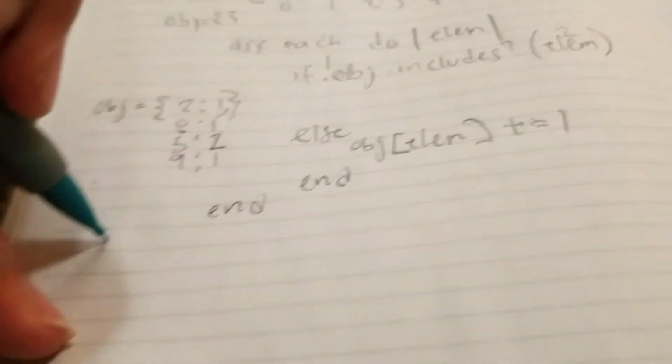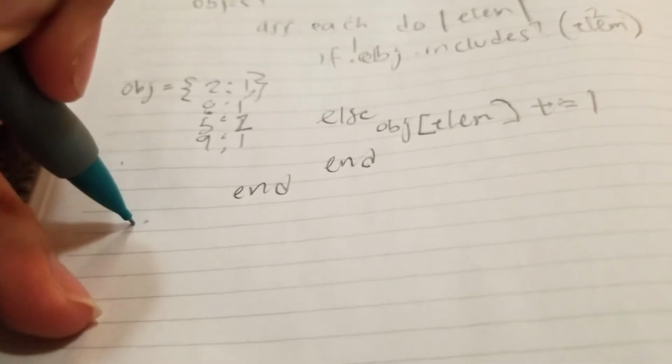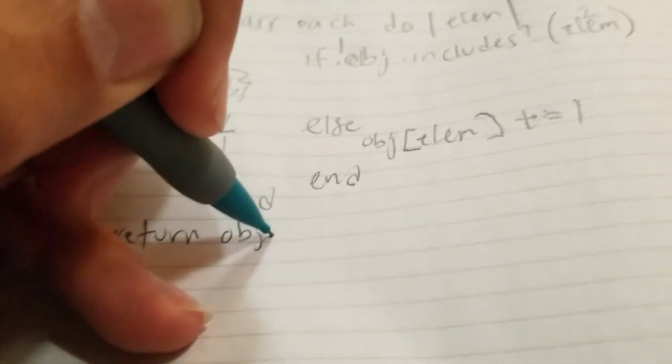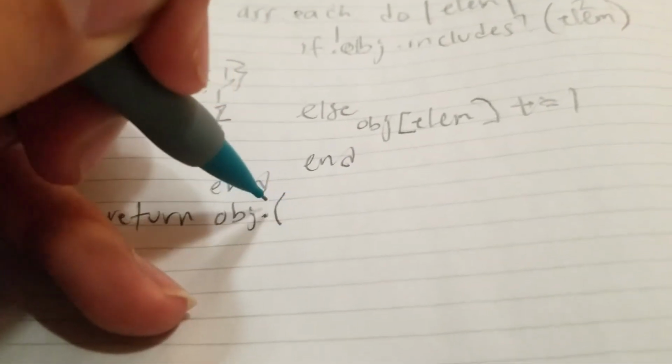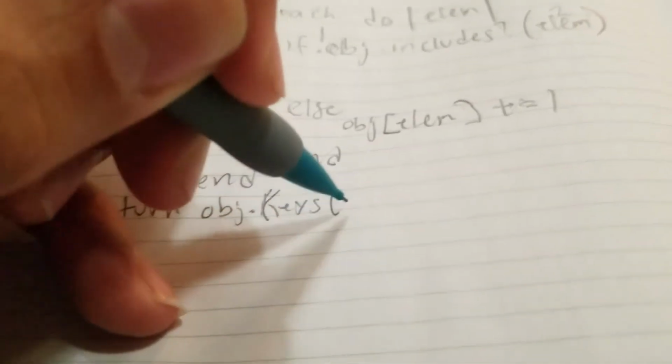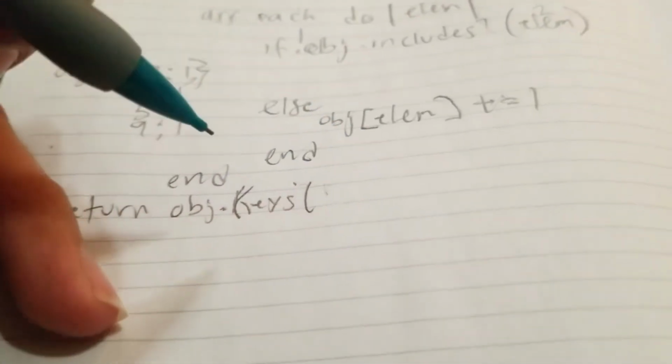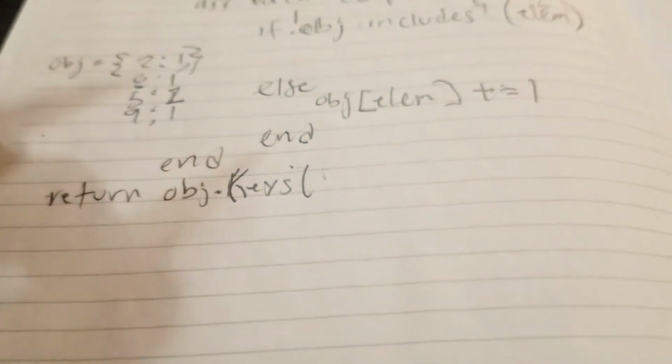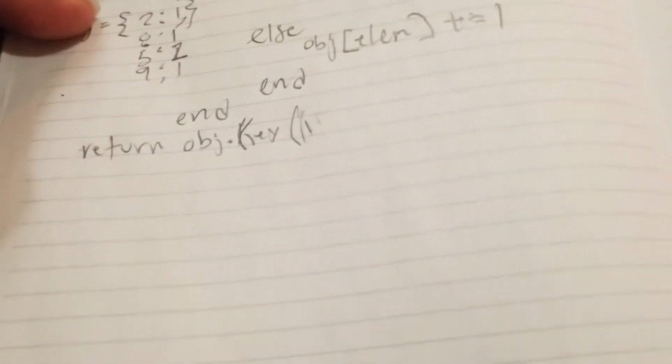And then within that it would return the object where the keys is equal to the value, which would be, we would save the array to value.